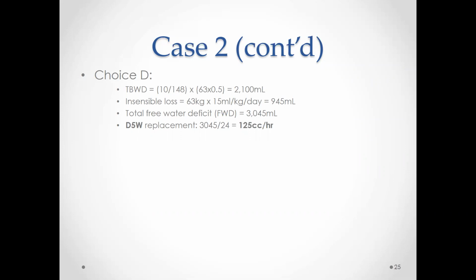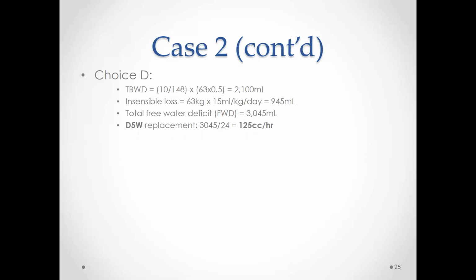But it's about 14 to 15 cc per kg a day. So this patient has a 60 kilo weight, and she loses about a liter a day. This is mainly through skin and through pulmonary, respiratory. So the total water deficit is about 3 liters, and we take that divided by 24 hours, we get 125.